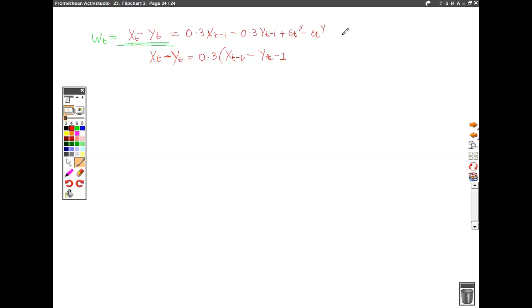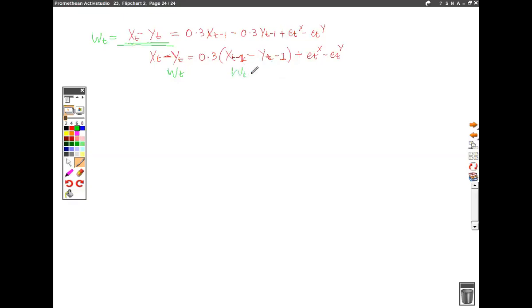Now I can substitute wt for xt minus yt, and wt minus 1 for xt minus 1 minus yt minus 1.